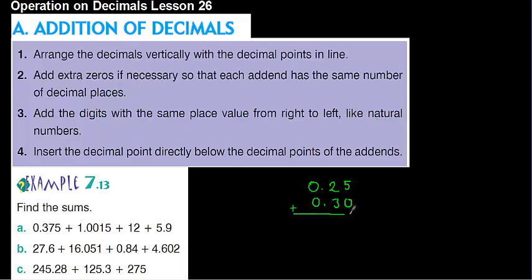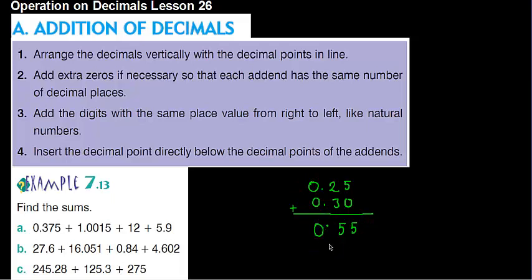We do the operation like natural numbers, as if there is no decimal point, and insert the decimal point directly below the decimal points. 5 plus 0 is equal to 5, 2 plus 3 is equal to 5, and 0 plus 0 is equal to 0.